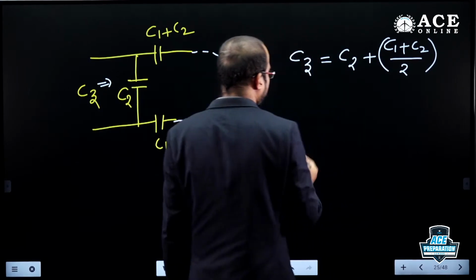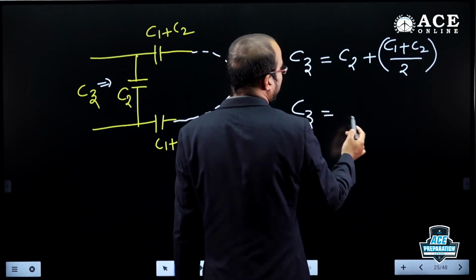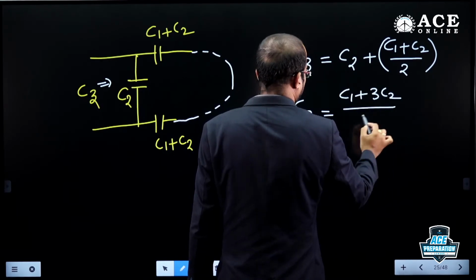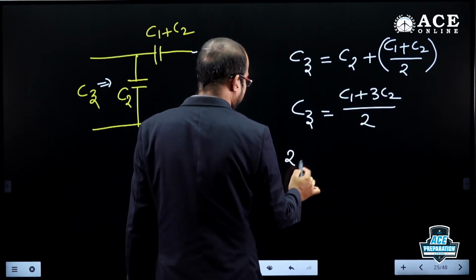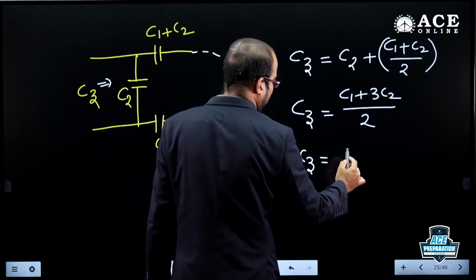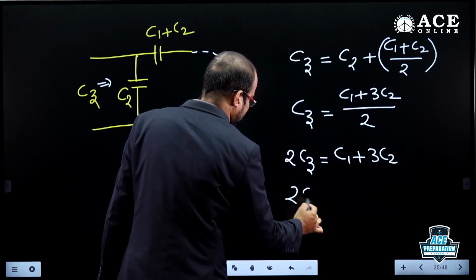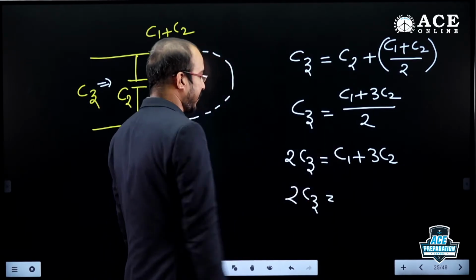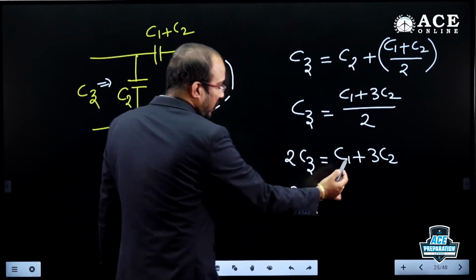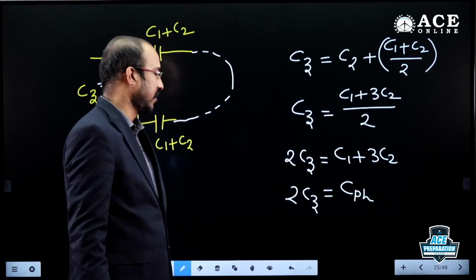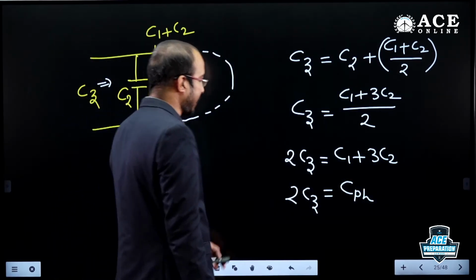So what is the value of Cz that you get? (C1 plus 3C2) by 2. 2 times Cz is nothing but C1 plus 3C2. That means 2 times Cz, as we already calculated in the previous problem, that is C1 plus 3C2, is nothing but the capacitance per phase. So capacitance per phase is 2 times Cz.